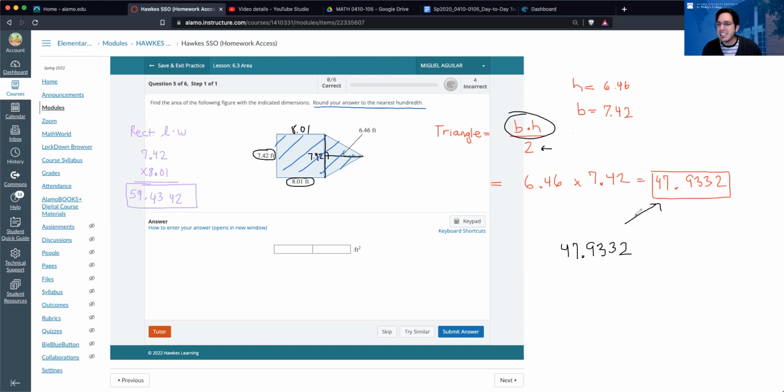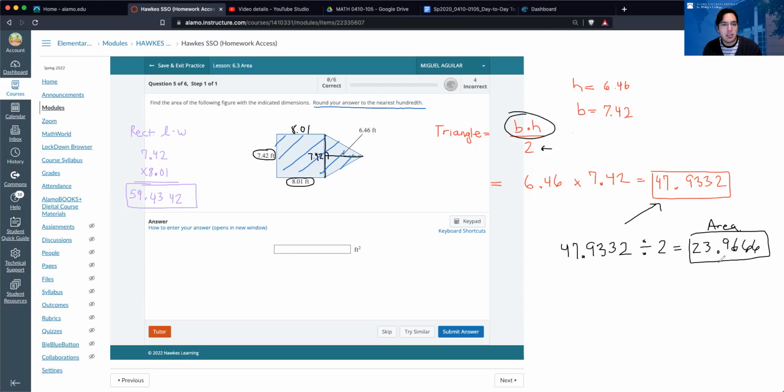So for these decimal calculations, I would just use your calculator, okay? Let's just go ahead and divide this by 2, see what we get there. Okay, so let me grab my calculator, divide that by 2, and I get 23.9666.